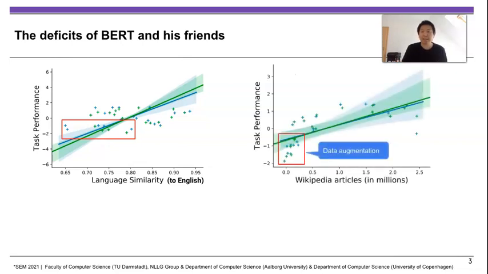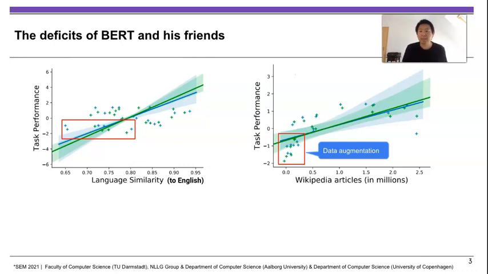Another justification we made is for lower resource languages. It's pretty clear to see that for the languages that have the least amount of data on Wikipedia, the performance of cross-lingual transfer is also very bad.